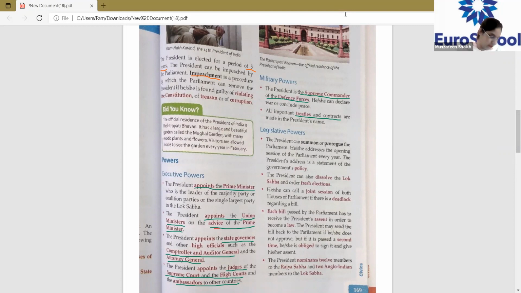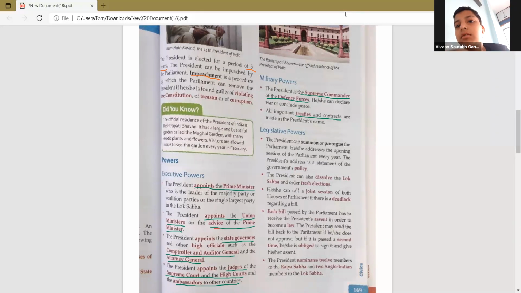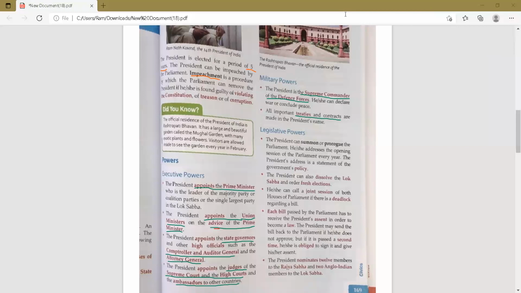How is the president elected, directly or indirectly? Ma'am, the president is elected indirectly. An electoral college elects the president. And what does the electoral college consist of?